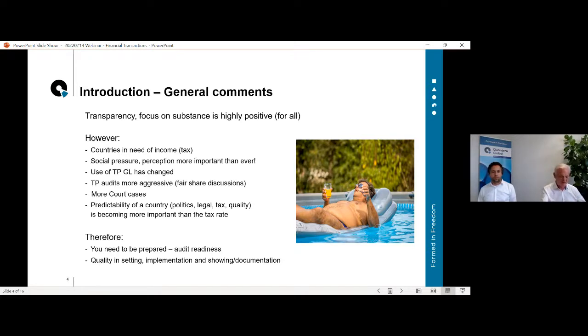The picture you see on the right side I got from newspapers in the Netherlands, saying that not only multinationals but also individuals with a lot of money in the bank, and you see him in the swimming pool there, should also be burdened with more taxation. That's perception, and that perception is driving a lot.